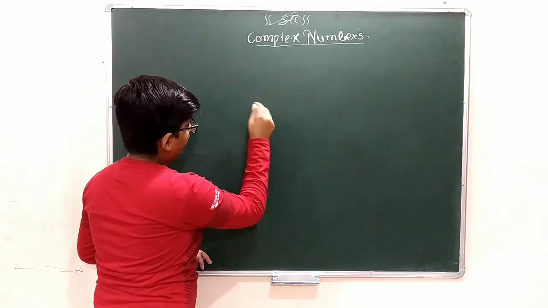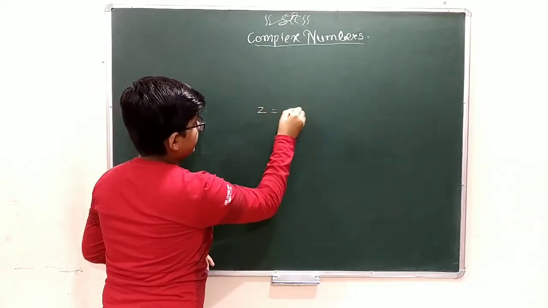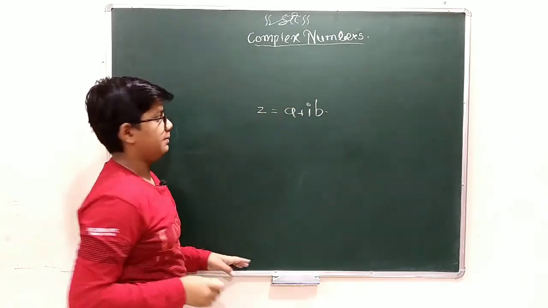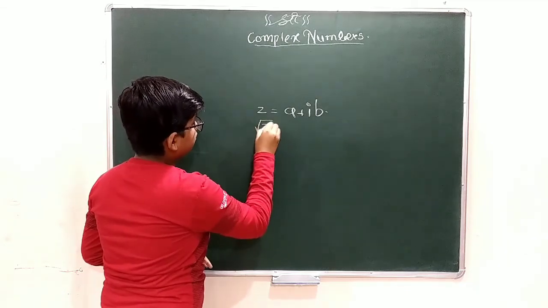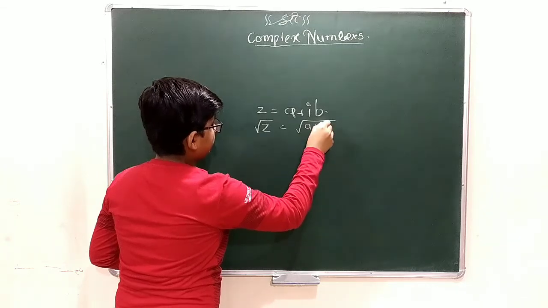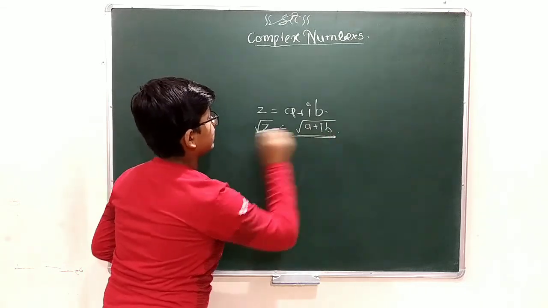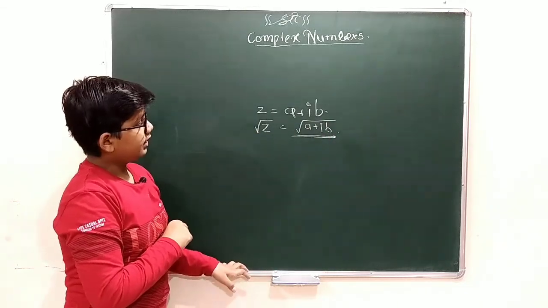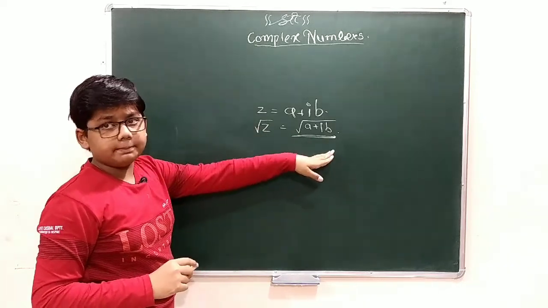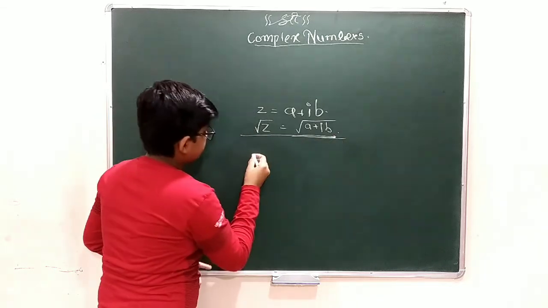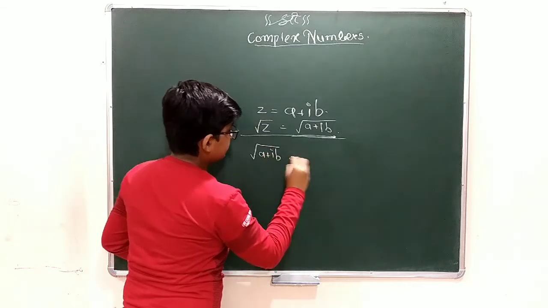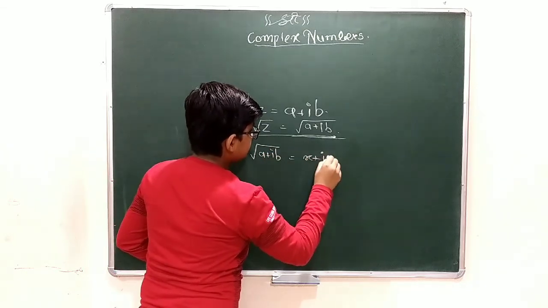Suppose I have a complex number z equal to a plus ib. Then what will be the square root of z? The square root of z is the square root of a plus ib, and we have to find its value. Let us consider that the square root of a plus ib is equal to x plus iy.